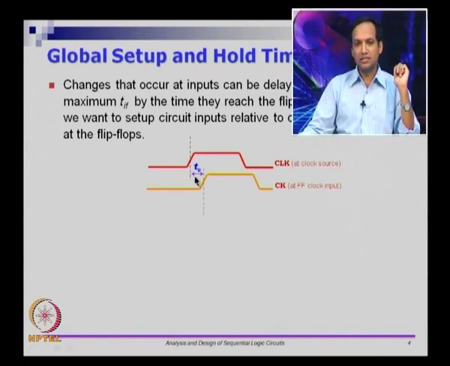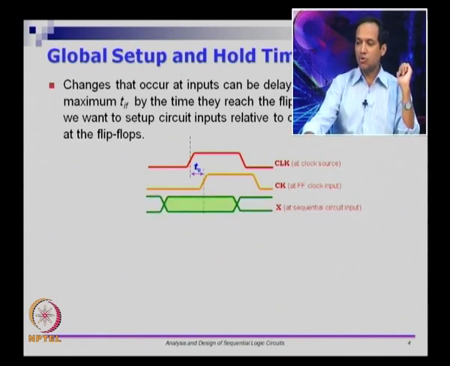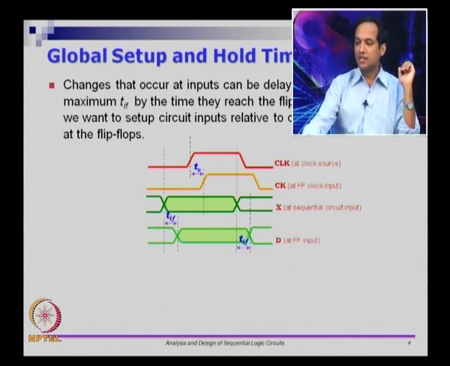So, this TC could be 0, but let us assume that TC is some positive quantity right now. We will call that signal CK. So, CLK is from the external world, CK is as seen at the flip flops. Now, you are bringing data from the external world, we will call that X. When this appears at the input of the flip flop, we will call that D.